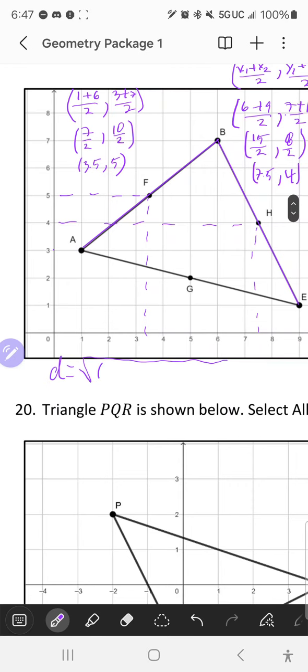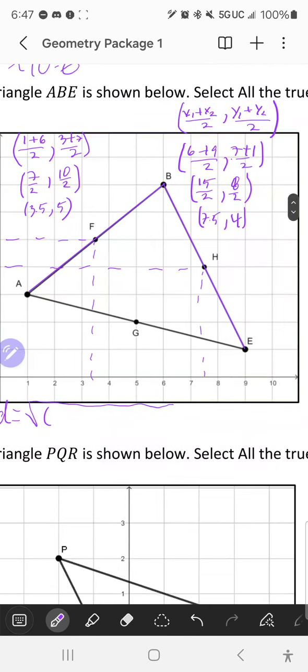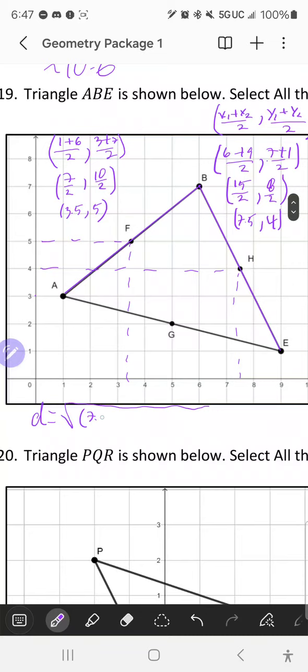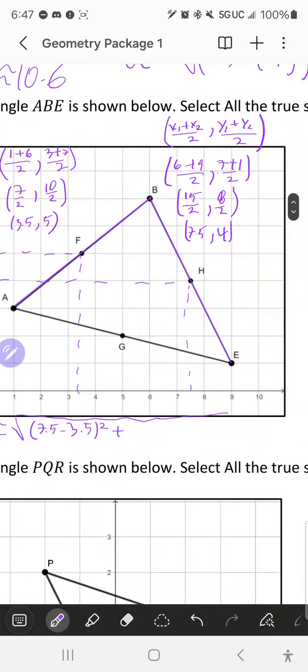I have x2, 7.5 minus 3.5 squared plus 4 minus 5 squared.